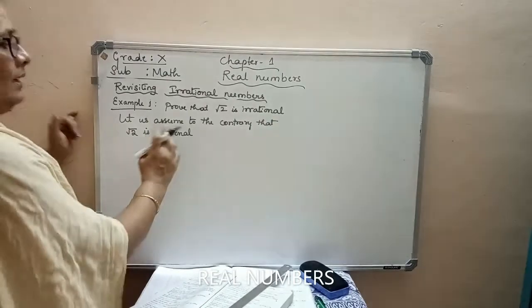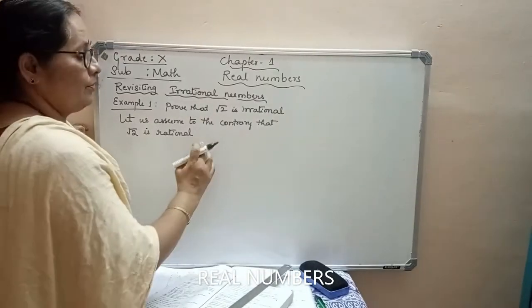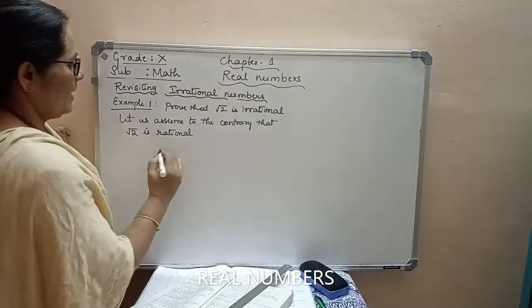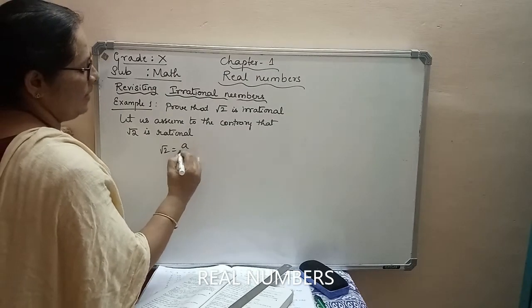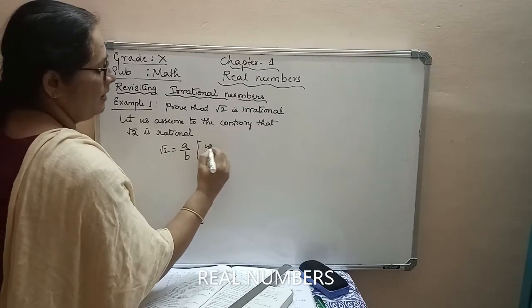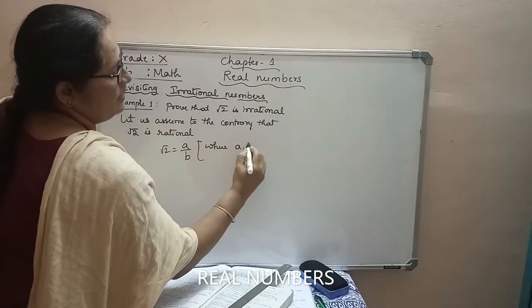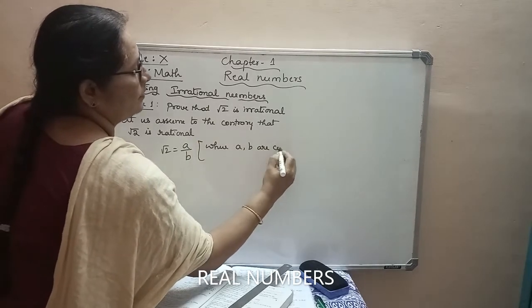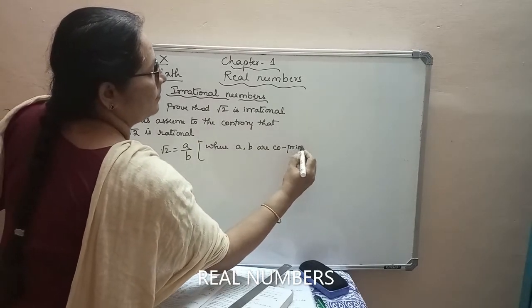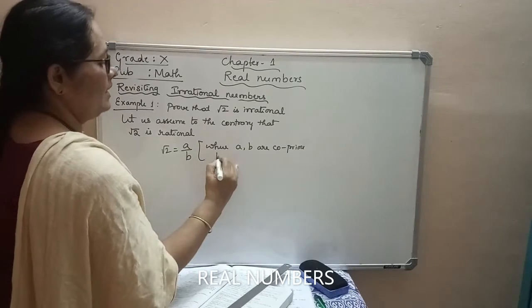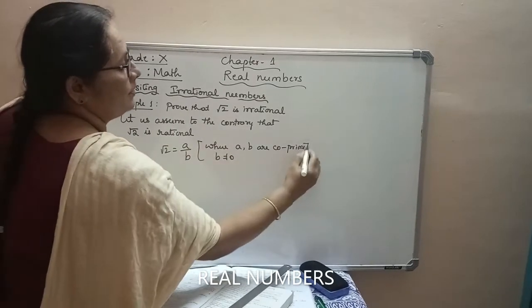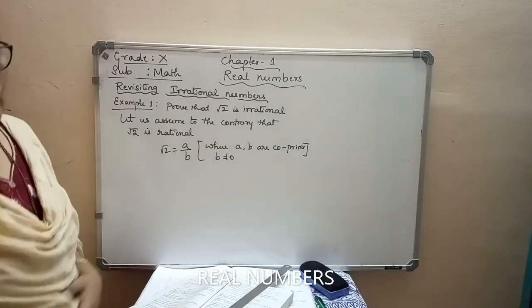So we assume that root 2 is rational, and you can write root 2 as A by B, where A and B are co-prime and B is not equal to 0.